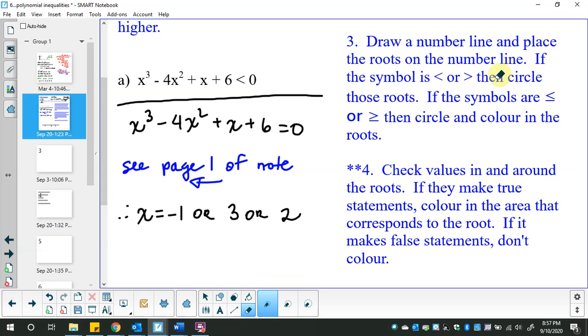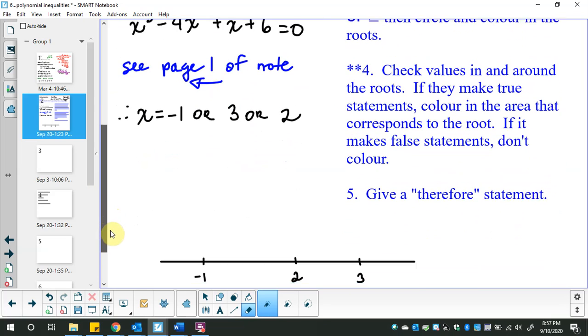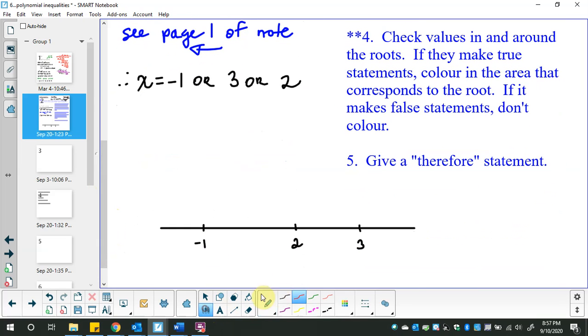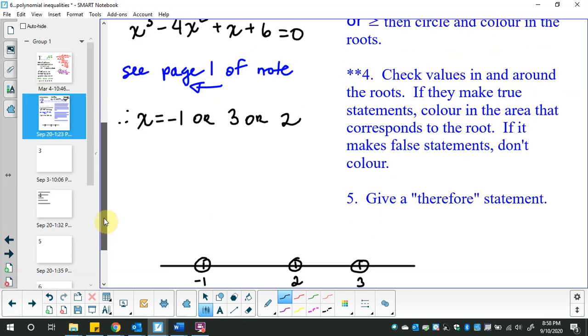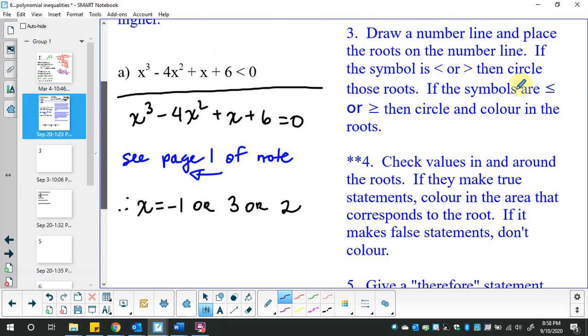Then it says, if the symbol in the original question was less than or greater than, then we get to circle the roots. So I'm not looking at the original question yet. I'm going to circle these roots. By circling the roots, I mean toss a circle around them. Then it says if the symbols are less than or equal to, or greater than or equal to, then you circle them.